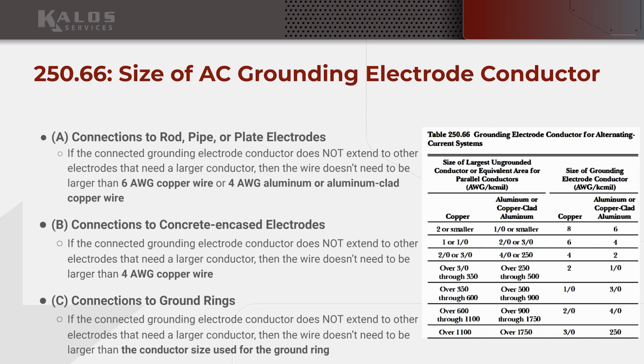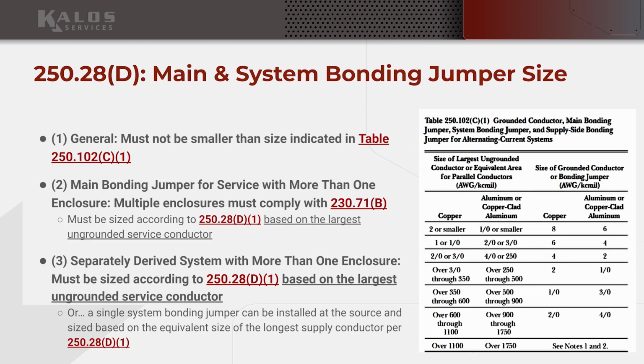So 250.66 is for grounding electrode conductors. And here's where I was talking about understanding what your conductor is, so you're looking at the right code, because we have 250.102, which handles our grounded conductor. Grounded conductor being our neutral conductor, main bonding jumper, system bonding jumper, and supply side bonding jumper for alternating current systems.